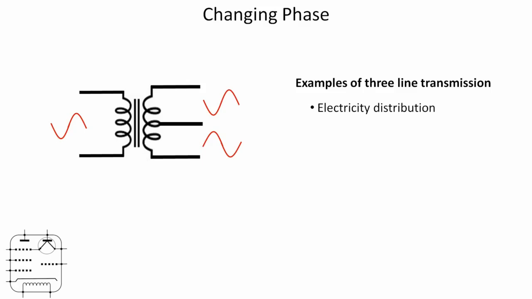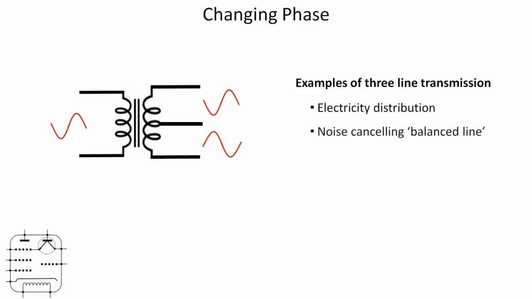Often on the larger ones there's also a 7th wire along the top. That's actually more to do with earth and lightning strikes than it is to do with electricity transmission. The beauty of 3-phase electricity transmission is you don't need a return. You can effectively do that using the 3 phases. Again, that's beyond the scope of today.